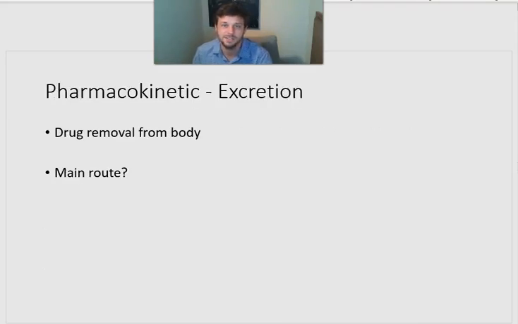And then you get to excretion, getting rid of the drug, getting it out of the body, getting the metabolites out of the body. A lot of those metabolites can be harmful to the body, and we'll talk about this more when we get to certain drugs that influence the CYP450 family of liver enzymes. So, how do you get the drug out of your body?